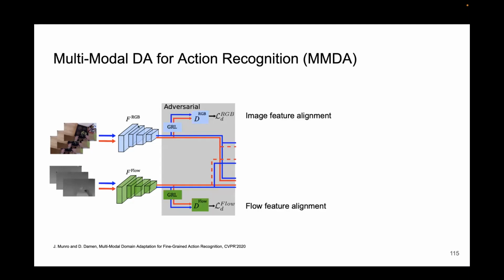From those two streams, they apply adversarial alignment, denoted by the discrimination loss for the RGB channel and the alignment loss for the flow channel. They aim at aligning the source, denoted by the blue arrows, to the target, denoted by the red arrows, for each modality, both RGB and flow.